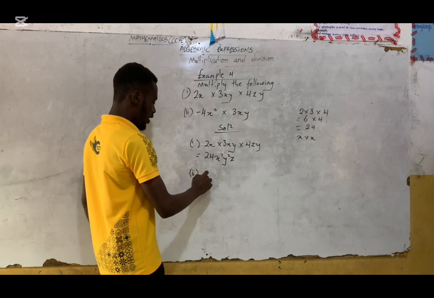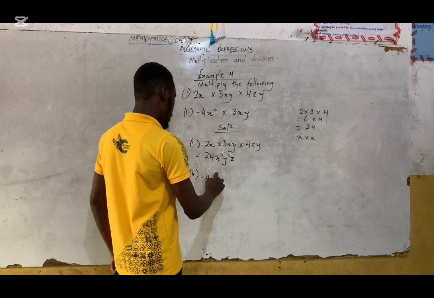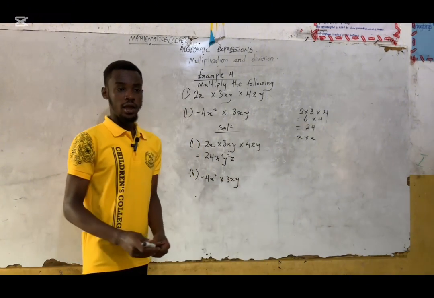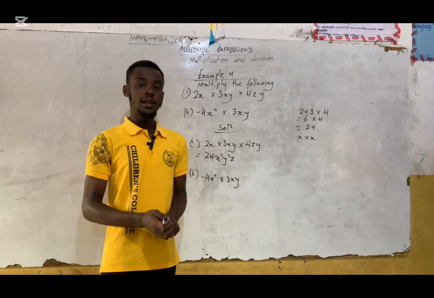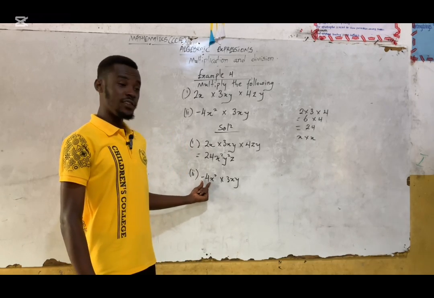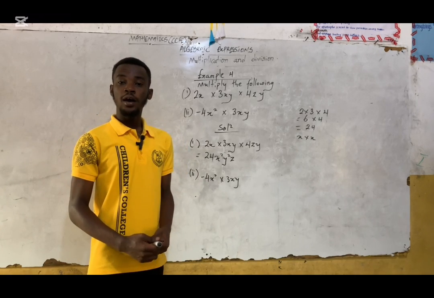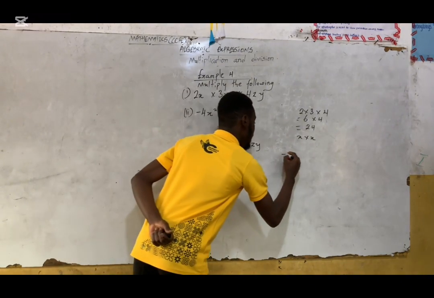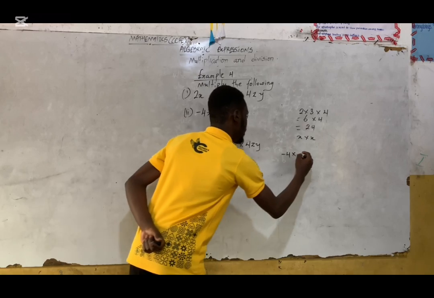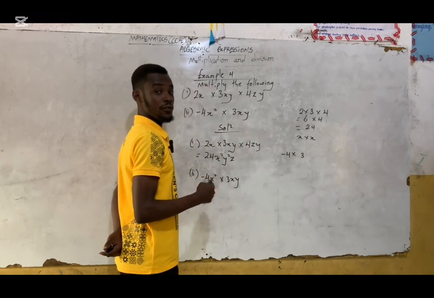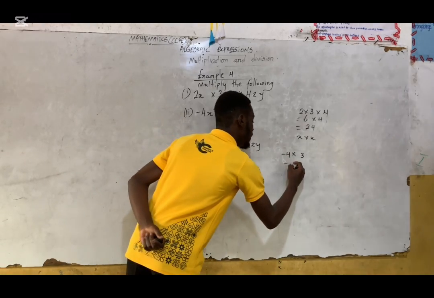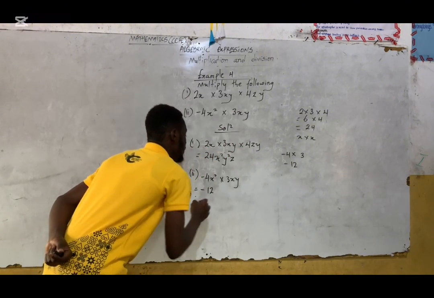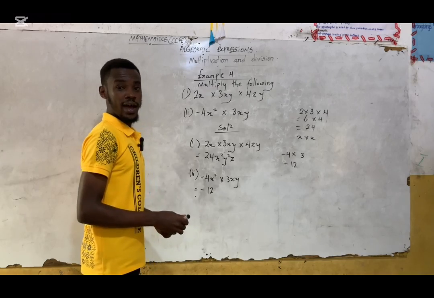That is part ii. We are multiplying negative 4x exponent 2 by 3xy. Are we okay? So as we did in the previous one, we are multiplying a negative number by a positive number. Remember, our answer is supposed to be negative. So we are multiplying negative 4 by 3. 4 by 3 gives us 12. So negative 12, right? X exponent 2 by x.